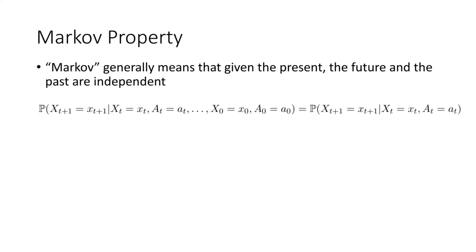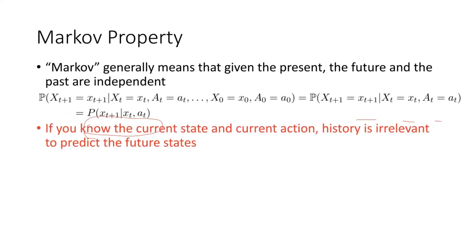The probability of being in the state x t plus 1 in the next time step will only depend on the current state and the current action. This is nothing but the transition probability function that we just defined. So essentially, the Markov property means that if you know the current state and current action, history is irrelevant to predict the future state.